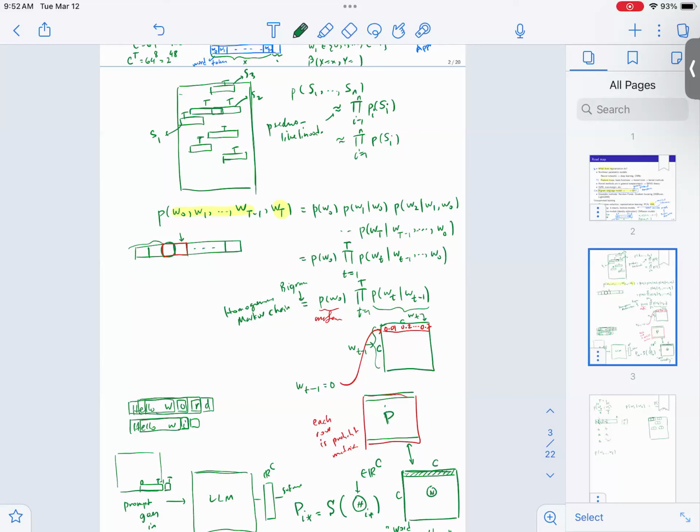And you can also try to estimate this directly from data. You don't have to go through the joint distribution. You go through every word and see how many times different words appear after it.